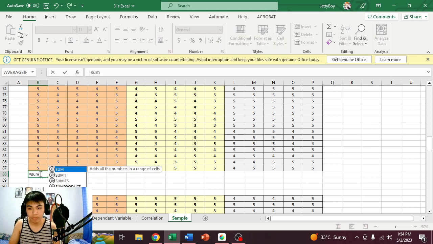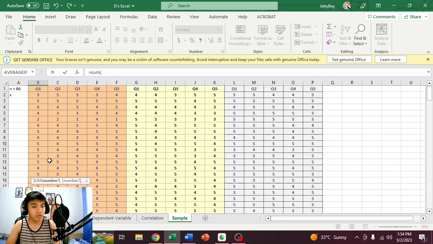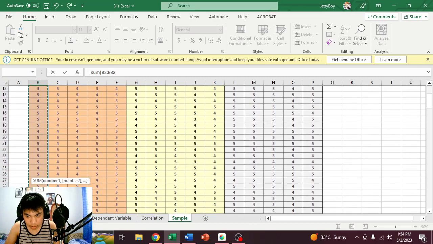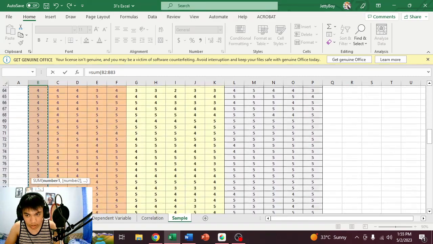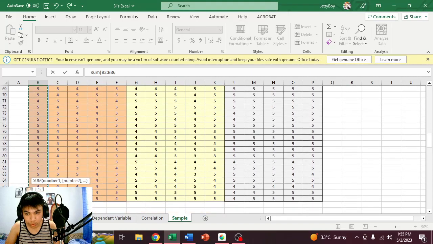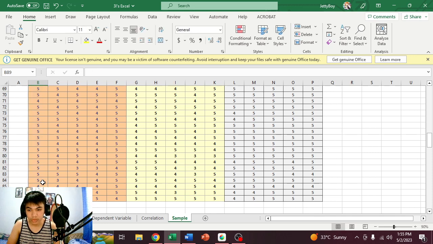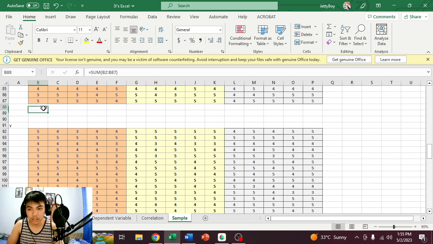Get the sum: equal sign and then SUM. Now put a parenthesis, and now what you want to do is just drag it here up until you reach the desired number of what you want to add all together. So the summation of all of these numbers right here is 388.